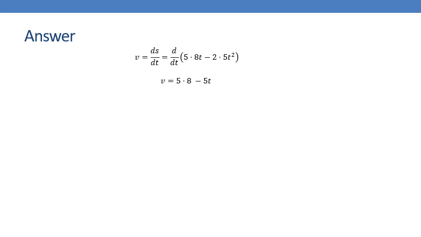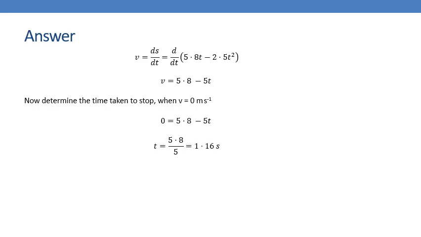So we differentiate it and we get 5.8 minus 5t, the 5 coming from the 2.5 times 2. What time does it take to stop? Well, when v equals 0, it has stopped. So if we solve that formula, we can work out the time and we get 1.16 seconds.